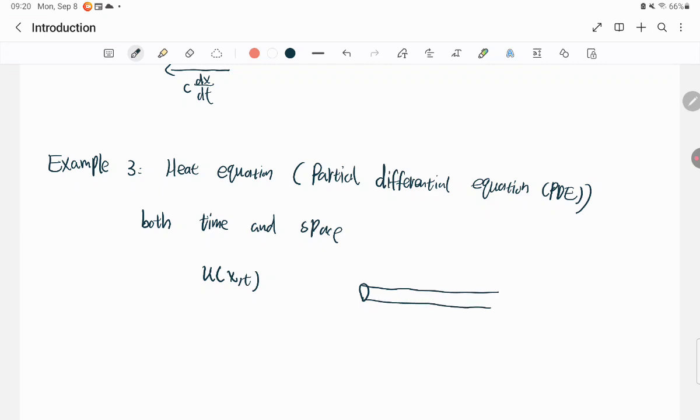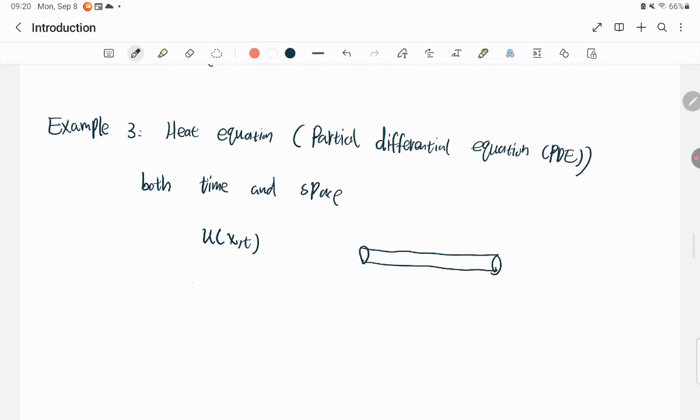So we have a rod, and the equation is the partial derivative of u with respect to t is equal to alpha times the second partial derivative of u with respect to x, where alpha is the thermal diffusivity. And solving this equation allows engineers to predict temperature distributions in materials, electronics, and many thermal systems.